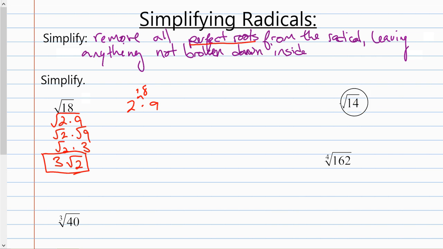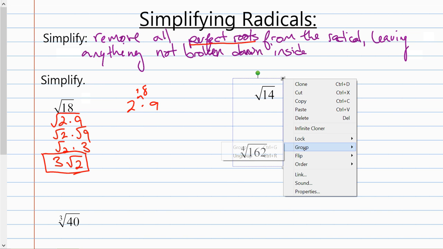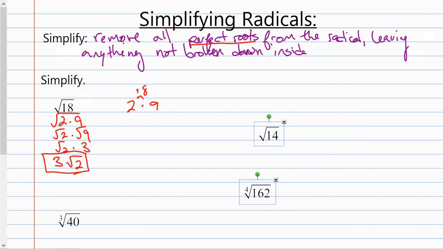I'm going to try to do the same thing for the square root of 14. I don't know why these grouped. Here we go. Okay, clearly they're not separating from each other, that's alright. I can manage that.